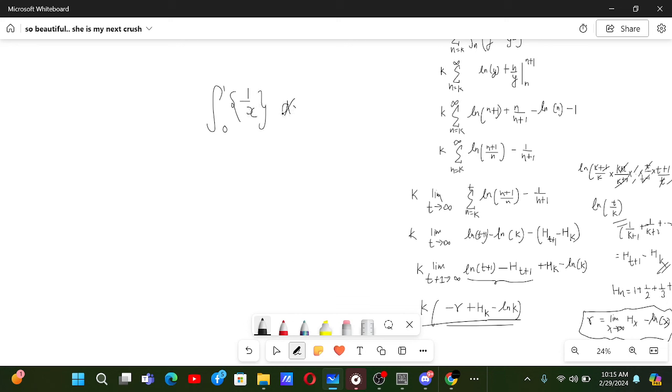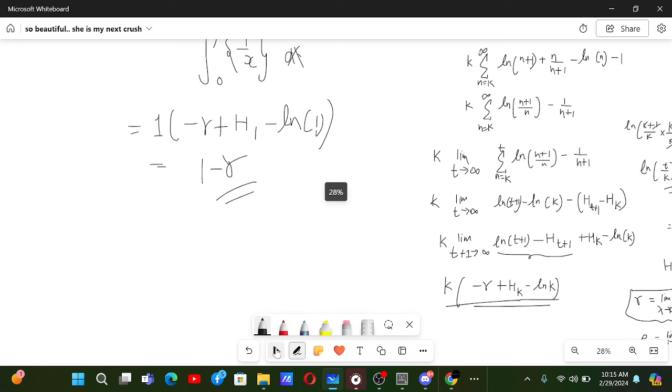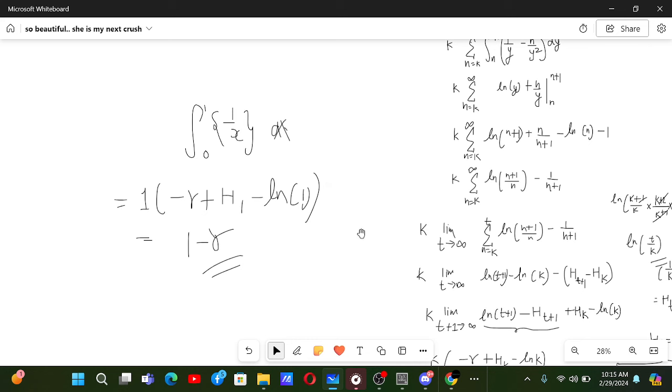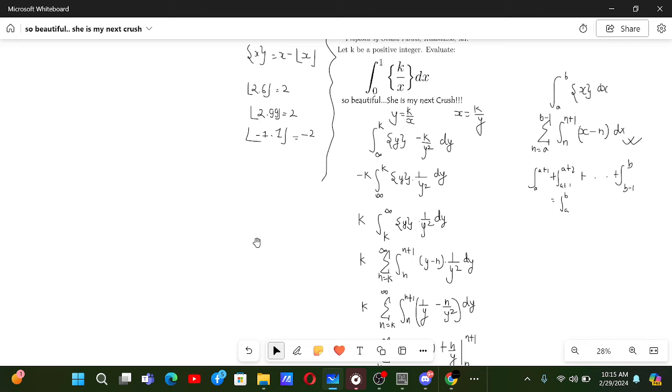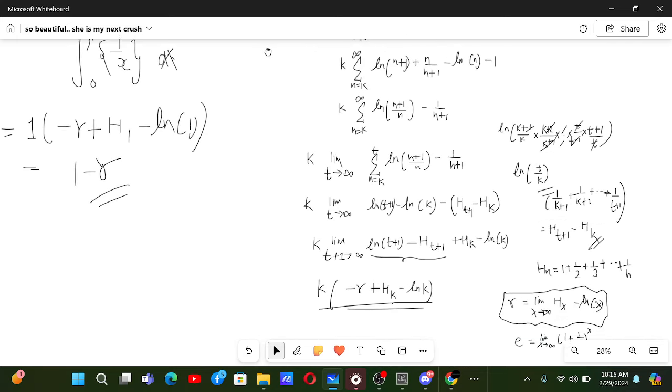Putting k equals 1, we get negative of the Euler-Mascheroni constant plus h of 1 minus ln of 1. ln of 1 is 0, h of 1 is just 1, so 1 minus the Euler-Mascheroni constant. What a nice and beautiful answer. For this special case, the answer is truly beautiful: 1 minus the Euler-Mascheroni constant. So simple, but such a beautiful solution development.